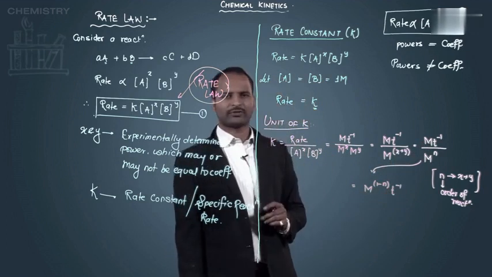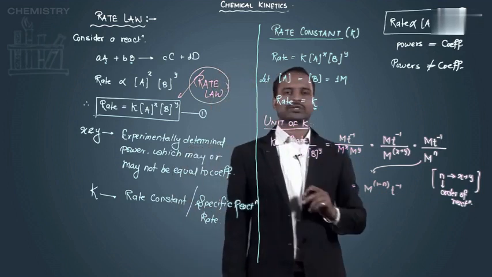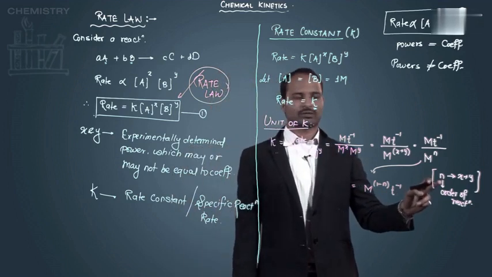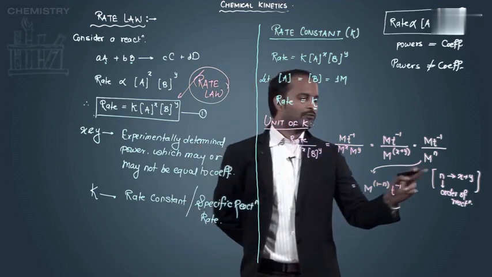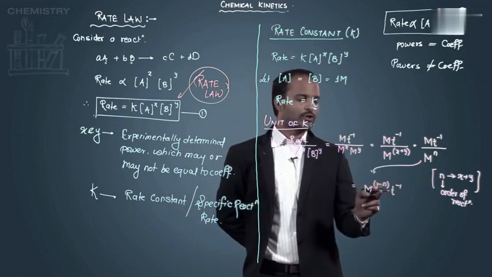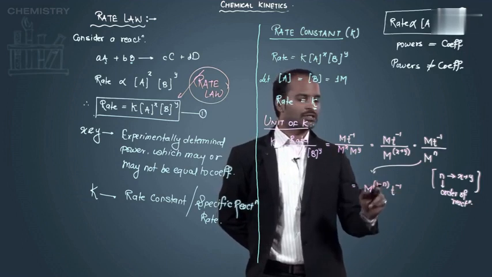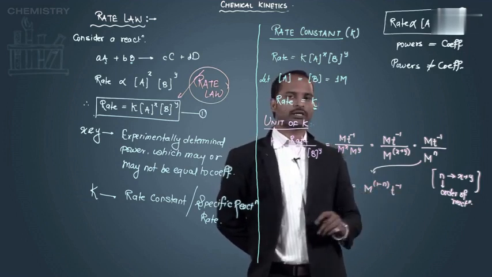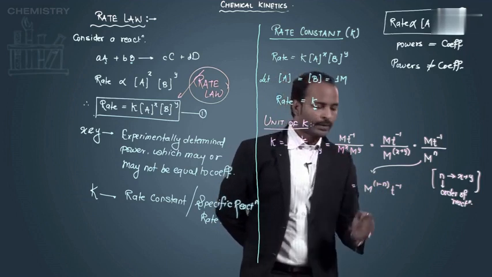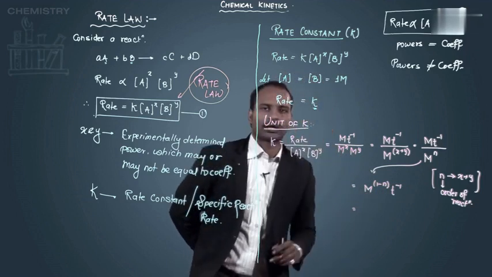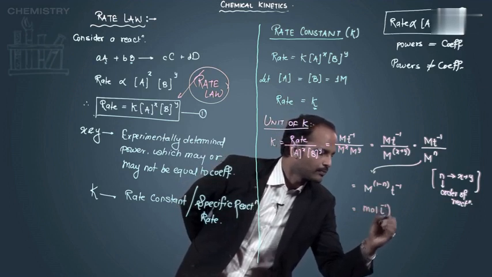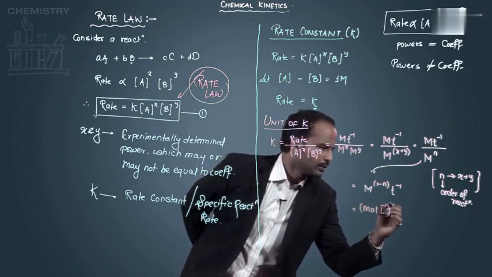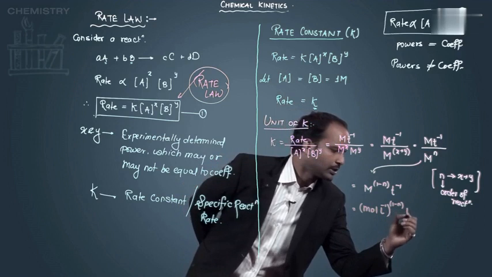Unit of rate constant totally depends upon the order of reaction. If n is 1, it is going to be per time. If n is equal to 2, it is M raised to minus 1 per time. If it is 3, and so on. Or instead of M, we can also write mole per liter raised to 1 minus n per time.